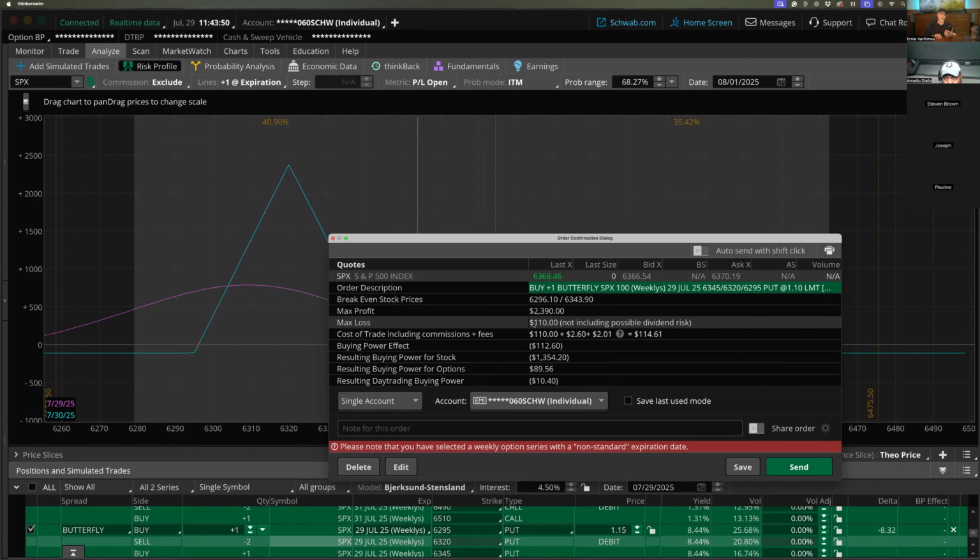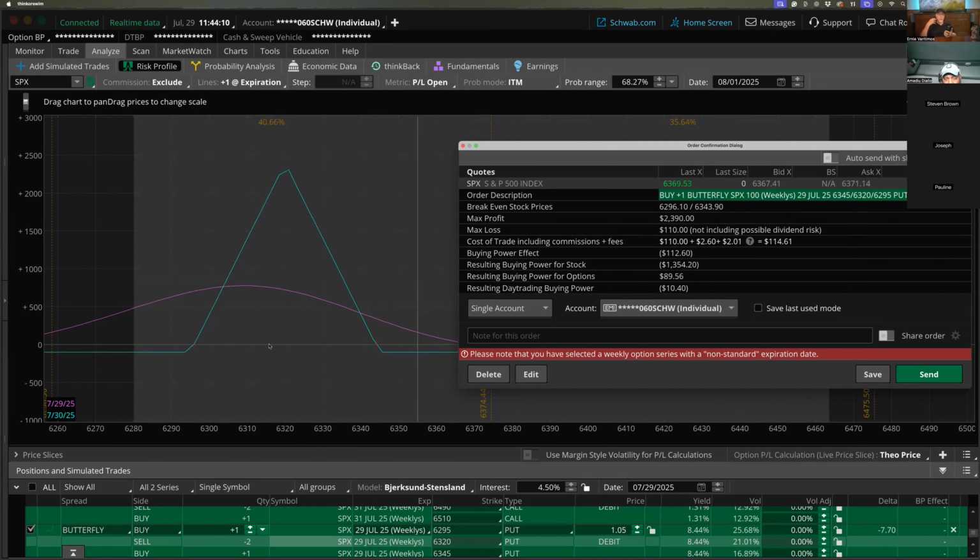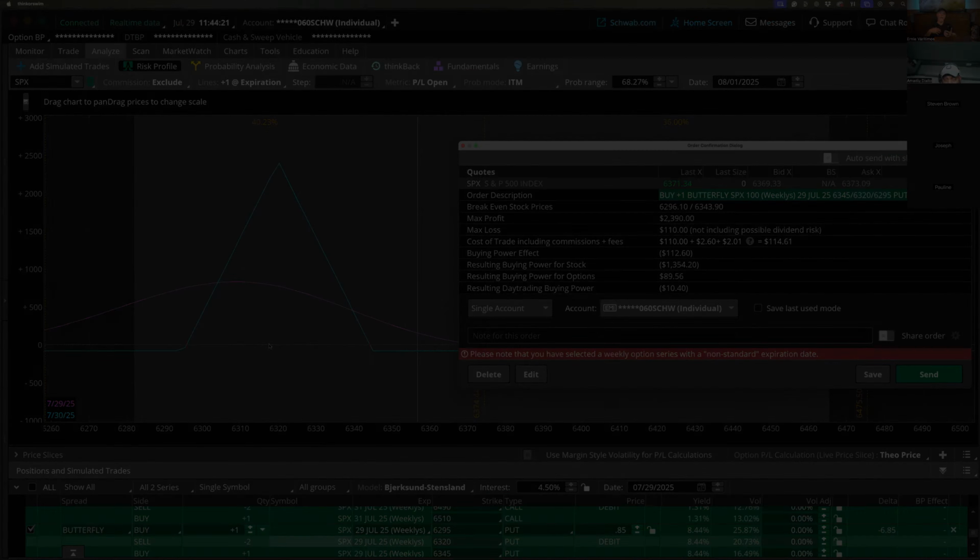So the risk to reward on this is 1 to 22. For every $1 of risk that I take, I have a potential of making $22. Now I can only make $22 if it goes directly to the center strike. That's how I figure out all my odds. I want to figure out the maximum potential profit and the maximum potential risk, and then I look at that ratio and ask, is that where I want to play?